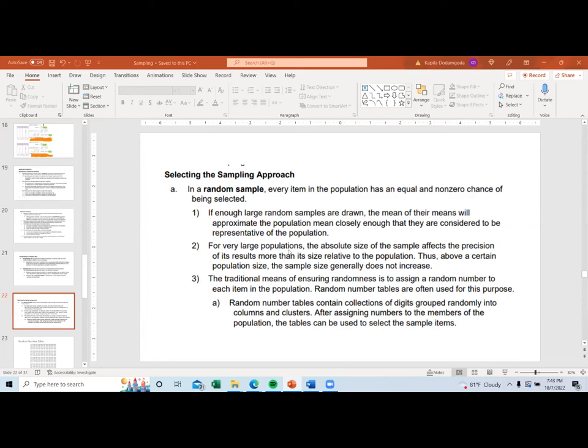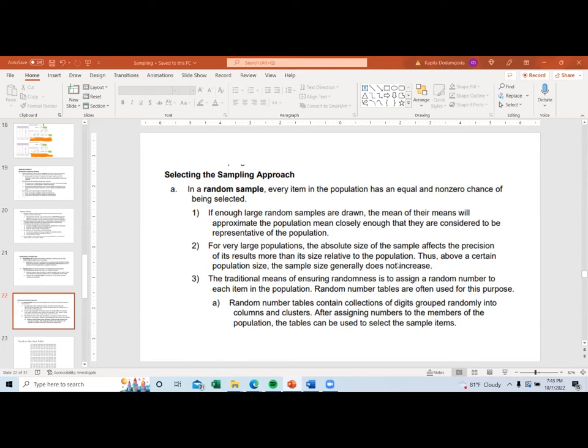For a very large population, but this point is more important. For a very large population, the absolute size of the sample affects the precision of its result more than its size relative to the population. Thus, above a certain population size, the sample size generally does not need to increase.